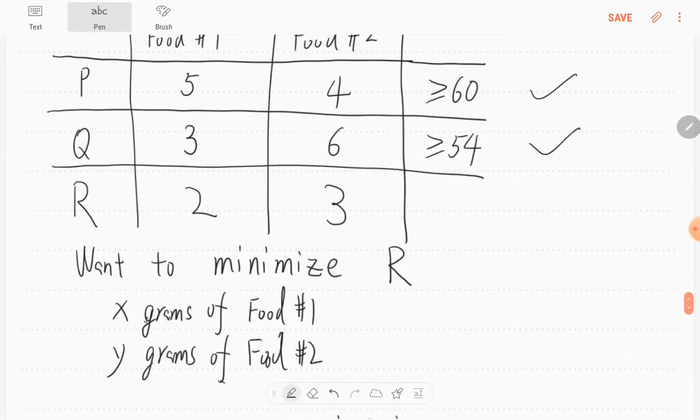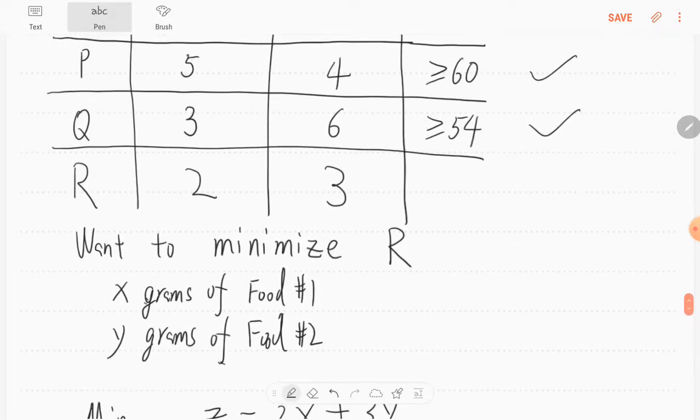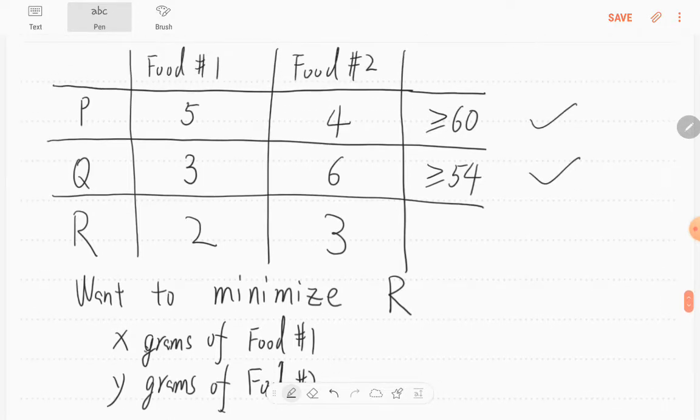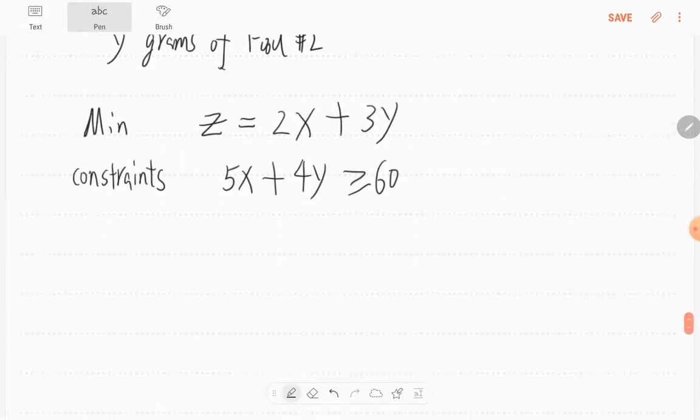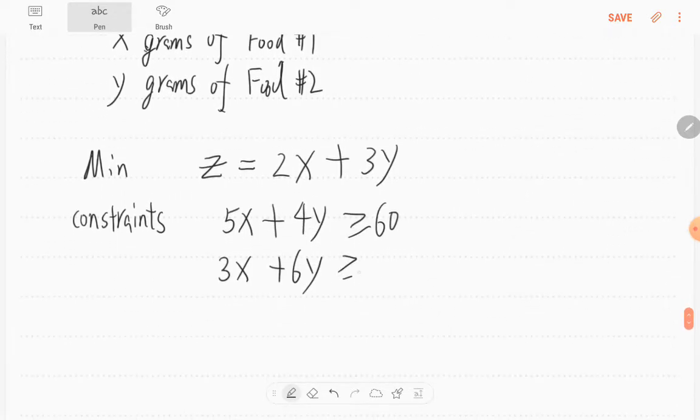For vitamin Q, 3 units for food number 1, 6 units for food number 2, so 3x plus 6y is the total vitamin Q, greater than or equal to 54.